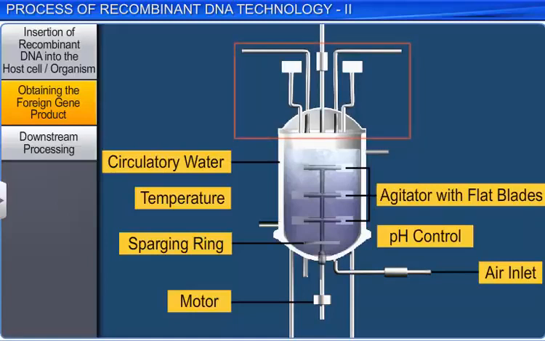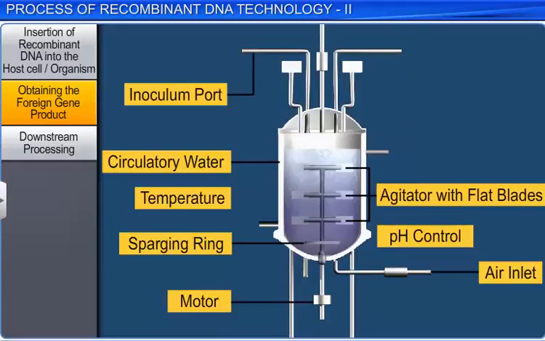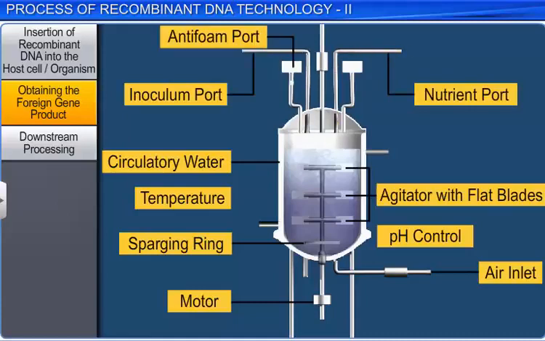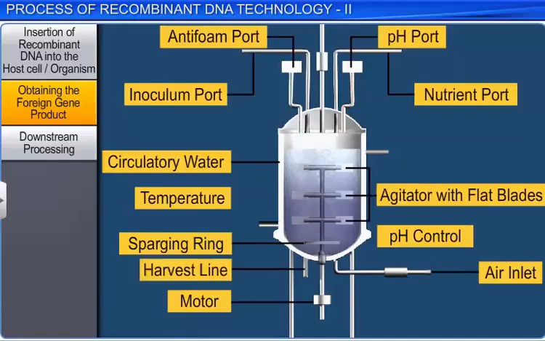For example, the inoculation port is used to introduce initial inoculum and the nutrient port to introduce more nutrients. Similarly, the antifoam port is used to introduce antifoaming agents, while the pH port to introduce acids or alkalis to maintain optimal pH. At the base of the tank, there is a harvest line to extract the culture medium and microbial products.